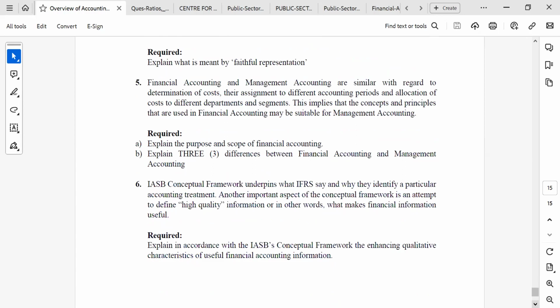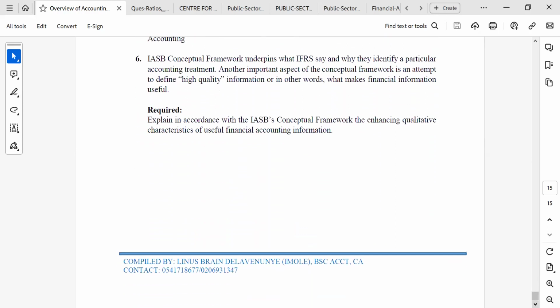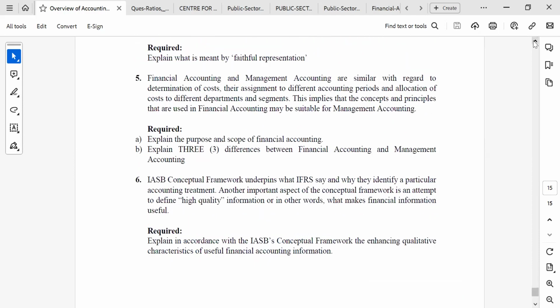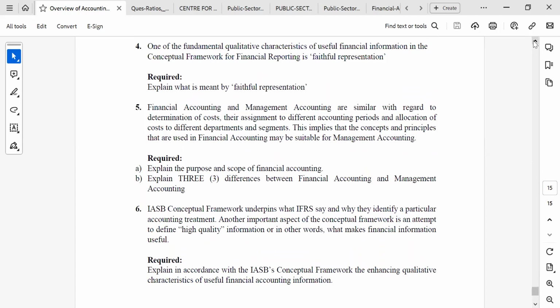It means that an accounting information or financial report by a company should be complete, neutral, and free from error. Okay, that is fine.